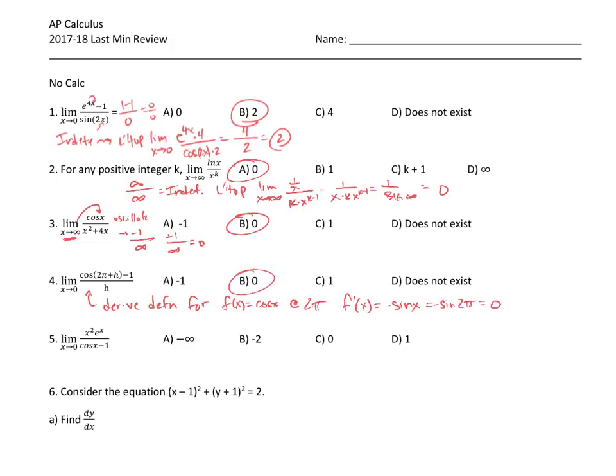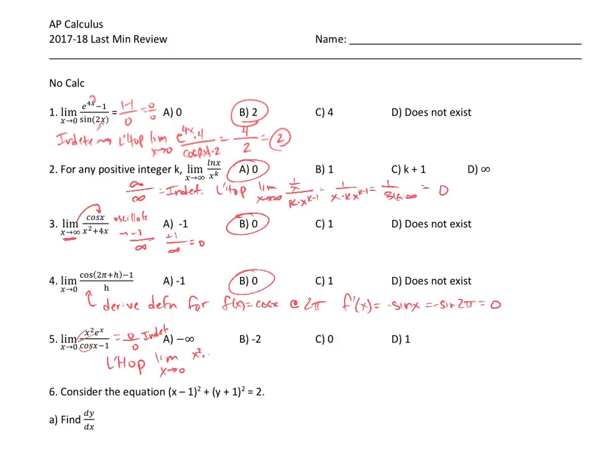All right, number 5. We take a look at it. We do our direct substitution approach, and we end up with 0 over 0, which is an indeterminate form. So let's go ahead and L'Hopital. We're going to end up with the limit as x goes to 0, and this will be the first times the derivative of the second.